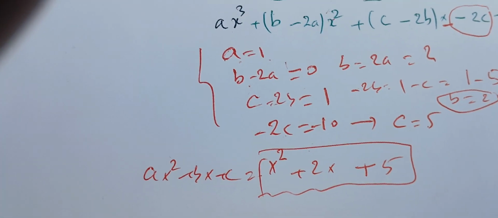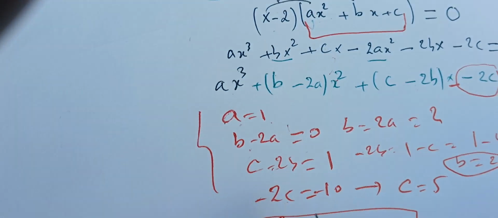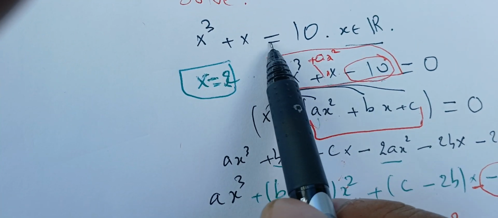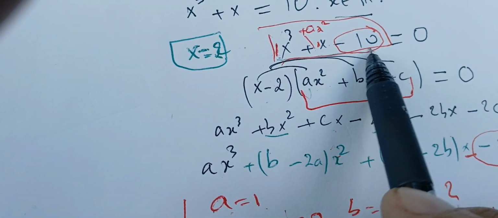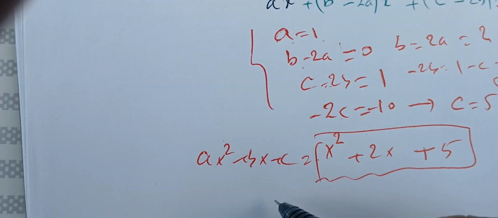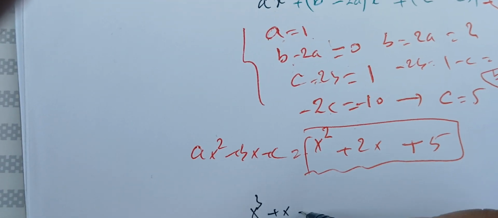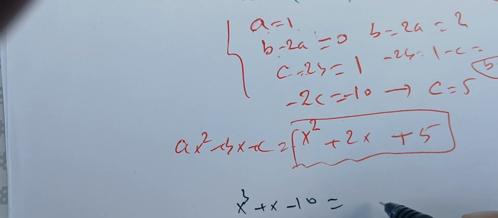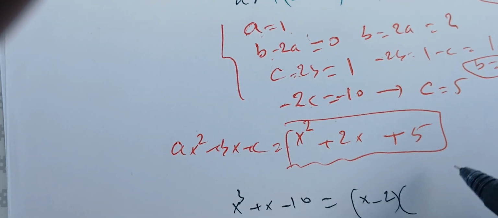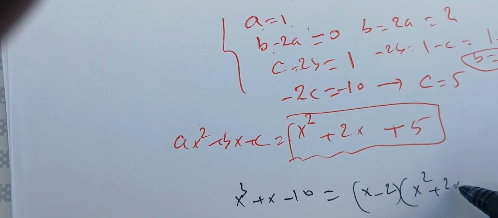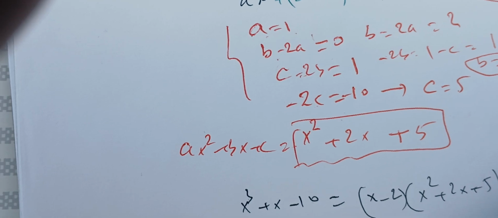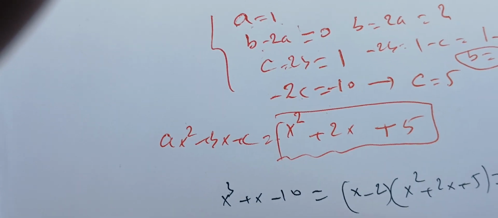So my equation in this form, x cubed plus x minus 10, is equal to x minus 2 times x squared plus 2x plus 5. Let's make it equal to 0 because we want to solve.